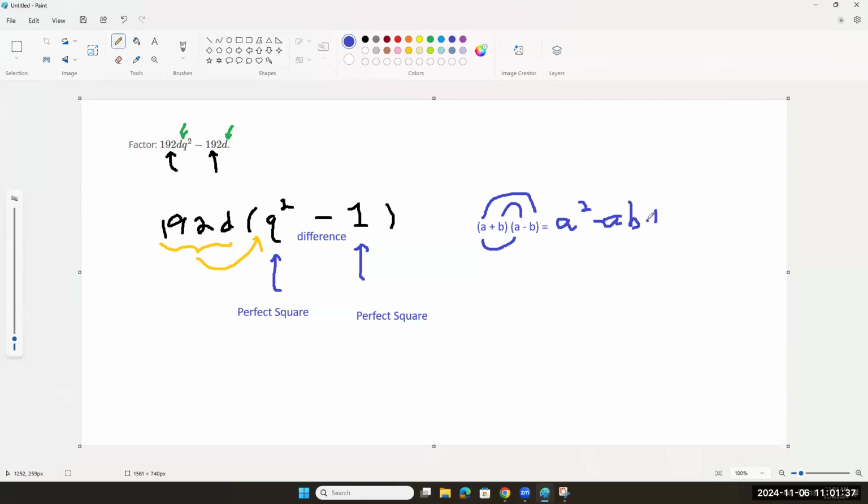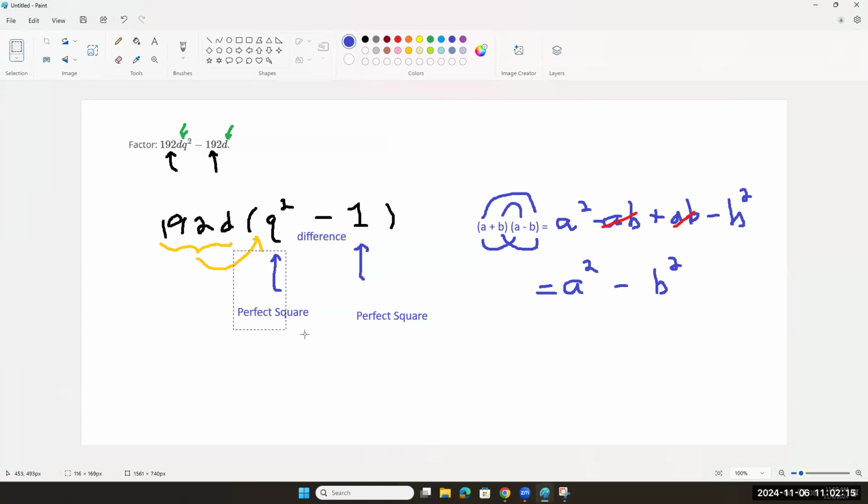B times A is plus AB. And B times negative B is minus B squared. Notice that these two terms cancel. And what you're left with is A squared minus B squared.